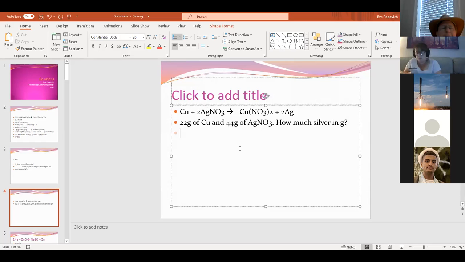Limiting reagent. So I have to find out how much silver the copper can make, and how much silver the silver nitrate can make. Which one do I use? Do I use the larger or the smaller amount? The smaller amount, because the limiting reagent will be limited by the amount that it has.